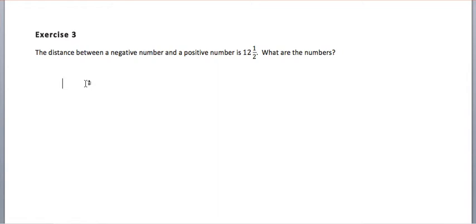First of all, we might say the distance between 3 and -9 1/2, which using our distance formula would be 3 plus 9 1/2, which is the absolute value of 12 1/2, which is 12 1/2.